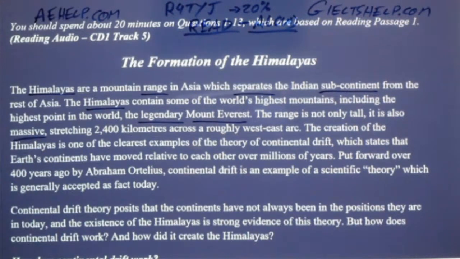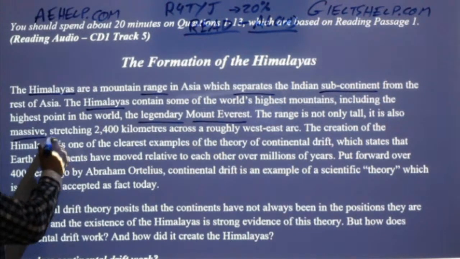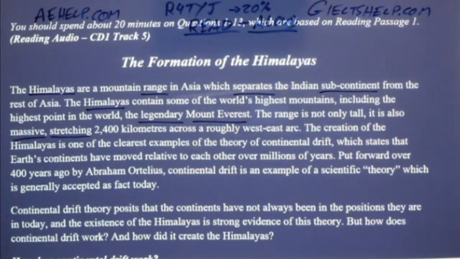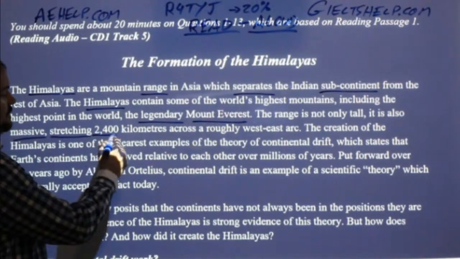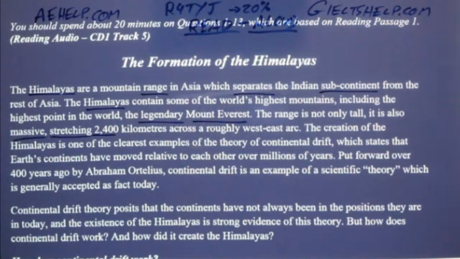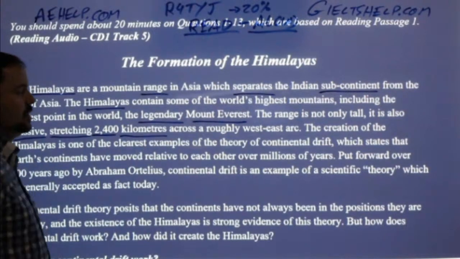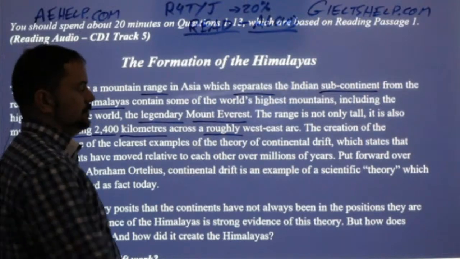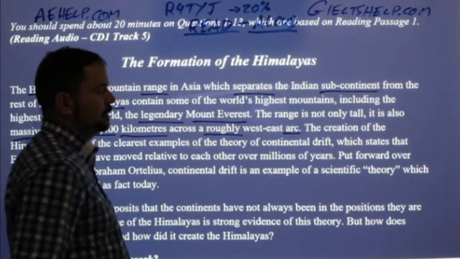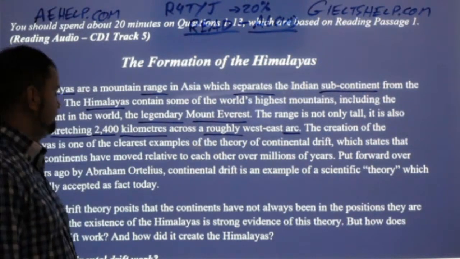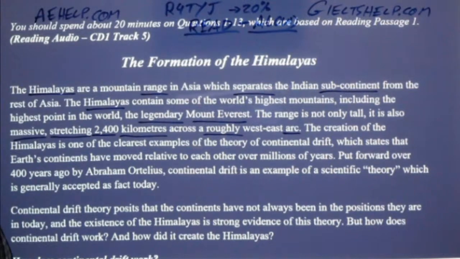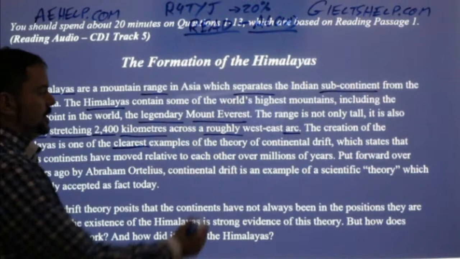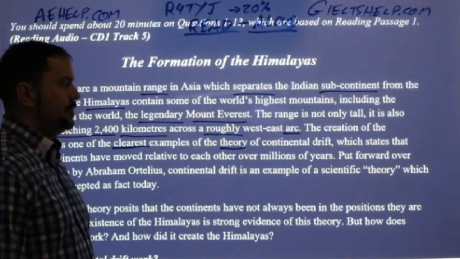Massive, massive. Stretching, stretching. 2,400, 2,400. Kilometers, kilometers. Roughly, roughly. Arc, arc. Clearest, clearest. Theory, theory.